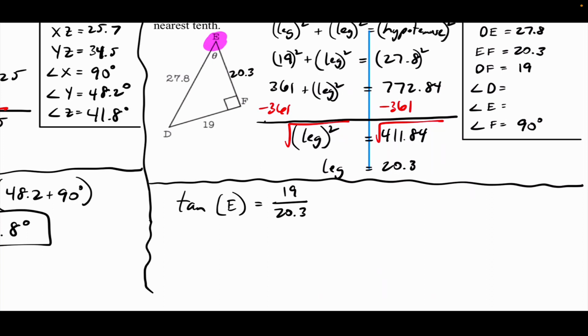Could I have used sine? Yes. It would have been a different fraction, but I could have used sine. I could have used cosine. It would have been a different fraction, but you could have used it, yes. Loop. So it then becomes inverse tangent. Fraction goes next.